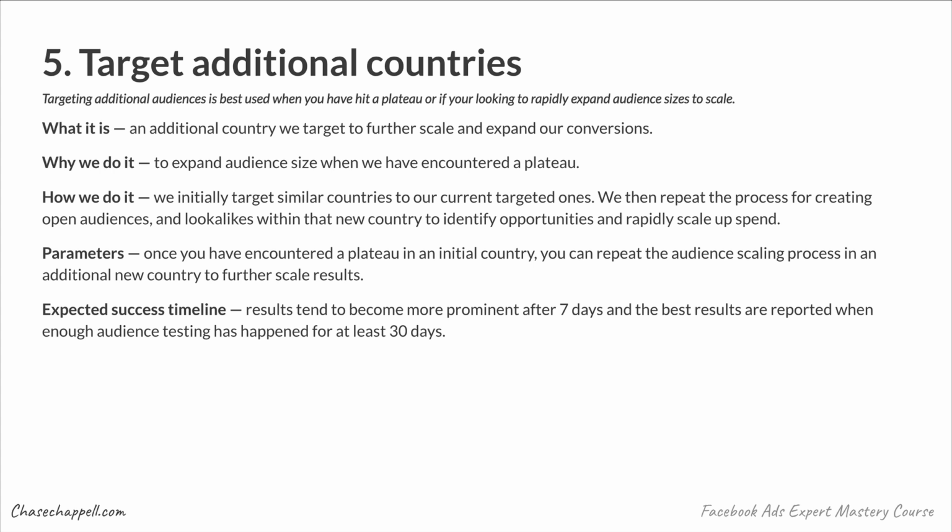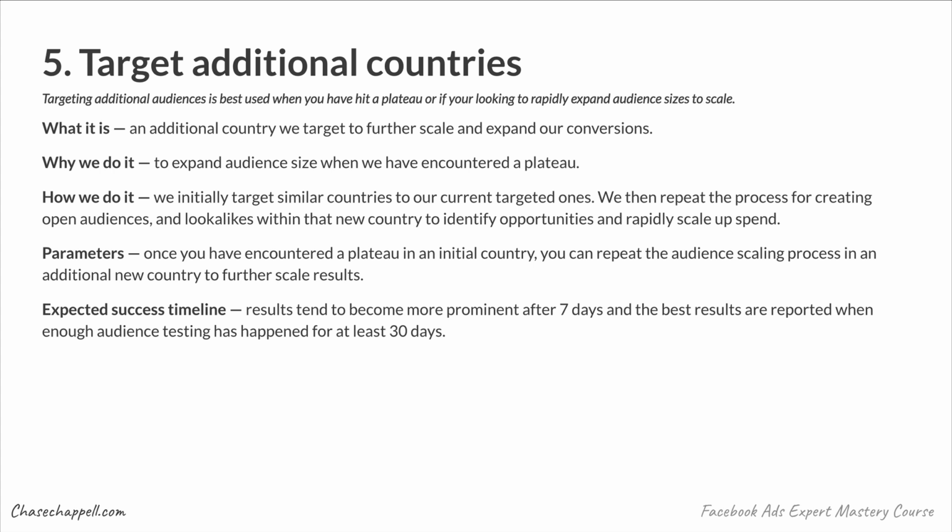And how we do it is we initially target similar countries to our current targeted ones. And we can repeat this process for open audiences and lookalikes within that new country. So basically we'd start from the beginning of our horizontal scaling process and create all these different audiences for the new country as well to find out what works best. And that's really going to increase the amount of opportunities and increase your spending significantly.